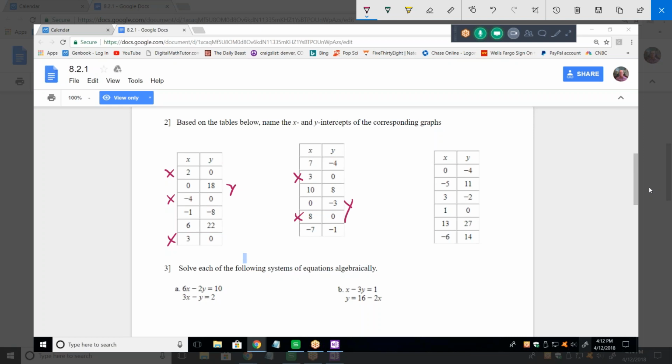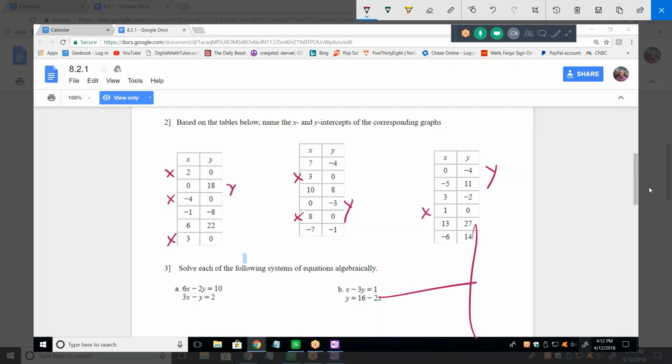How about the third one? X-intercepts. The x-intercept is just 1. And y-intercept. -4. Right. And like I said, there's always only going to be one y-intercept.